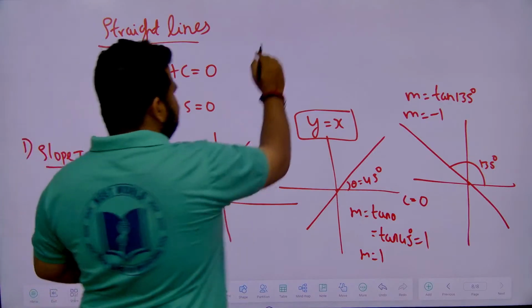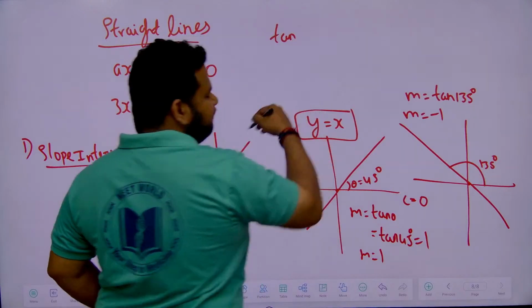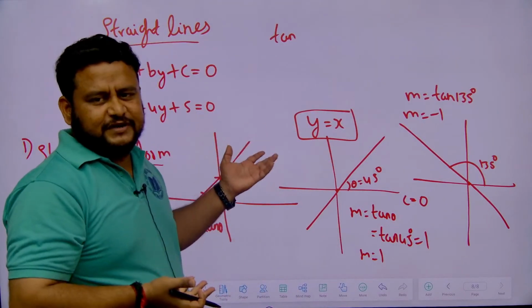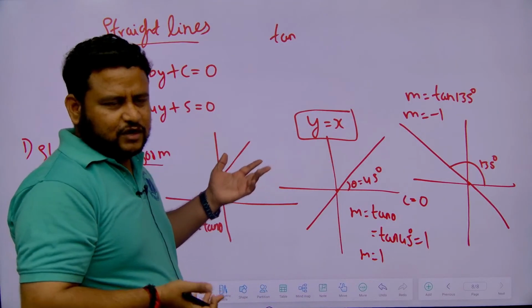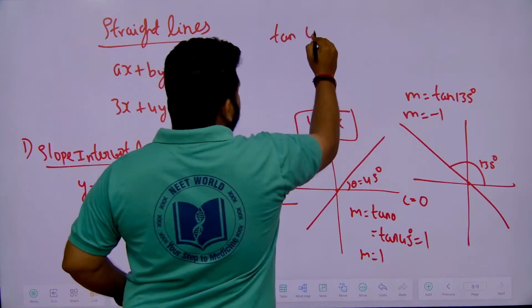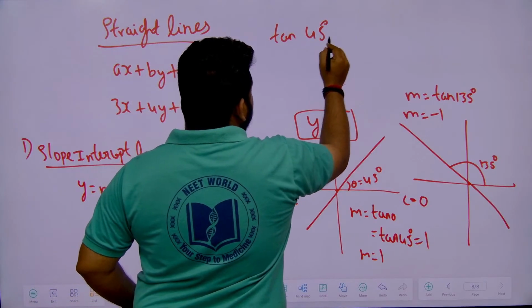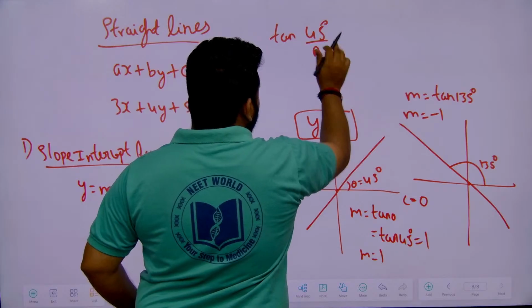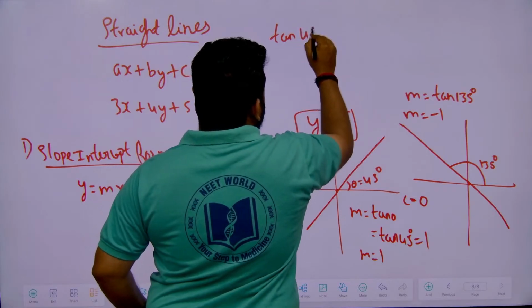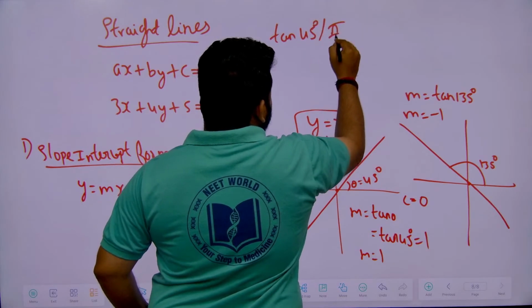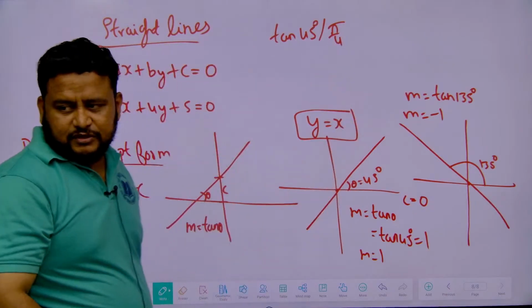Because this value is important in physics, we will get mainly 45 degrees or 30 or 60. 45 degrees, in terms of radians, we measure it as pi by 4. So you remember this.